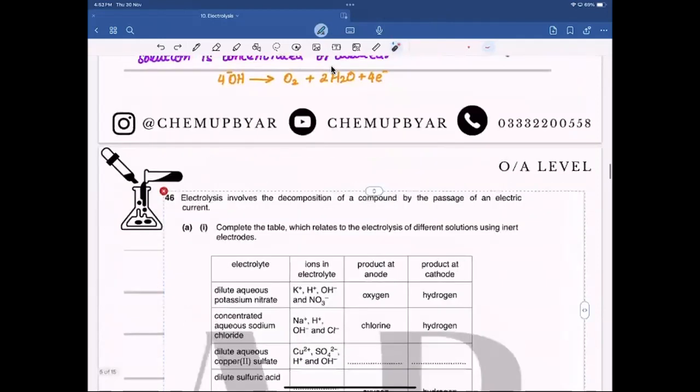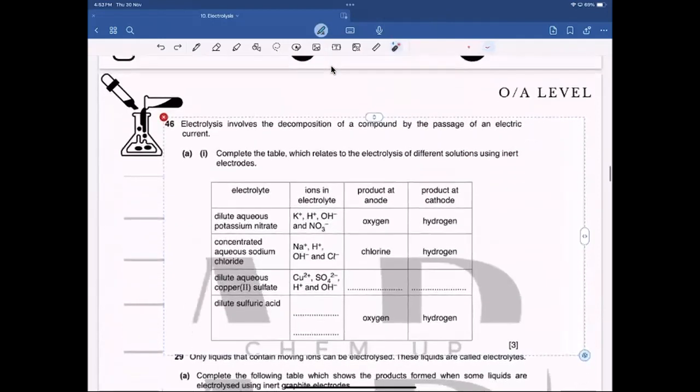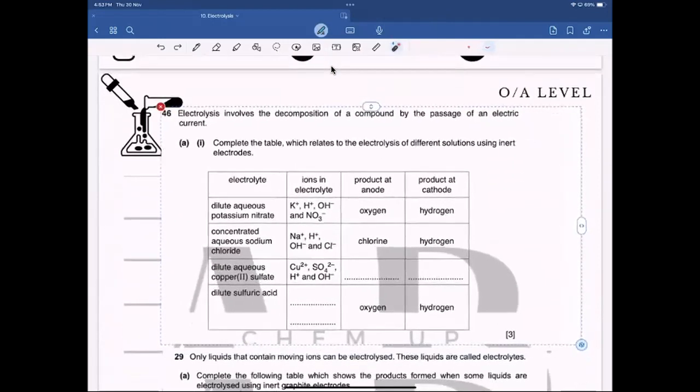Now, have a look at this question. It is completely based on aqueous solutions. All are aqueous solutions. In the first two rows, they have actually shown you how to answer it.